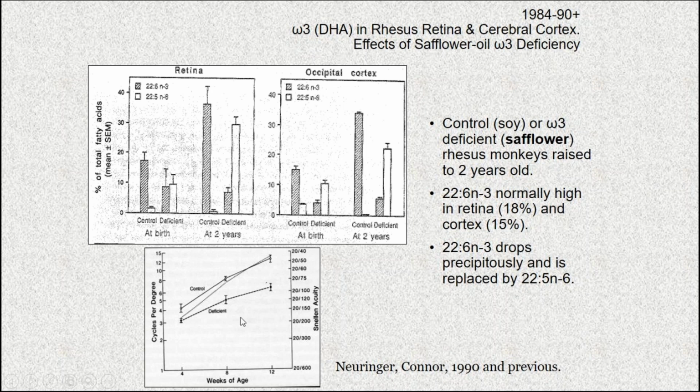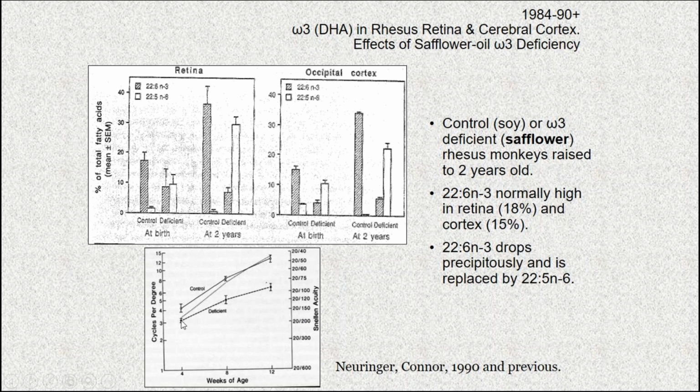And if you look at early times, you see the difference in visual acuity, that is the ability to see down the eye chart. This is called Snellen acuity, but we at least in the US think about 20/20 vision as being good vision. So this is the same story. The higher is better on this scale. And what you see is that the deficient animals are consistently below the control animals.